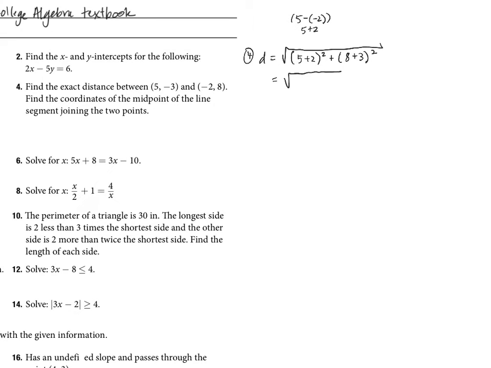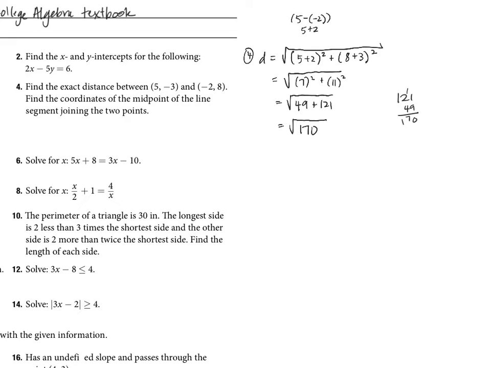So 5 plus 2 is 7. 8 plus 3 is 11. We have 49 plus 121. So 170.